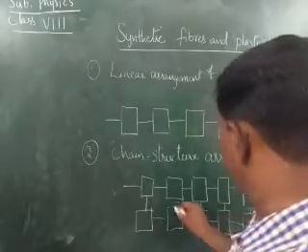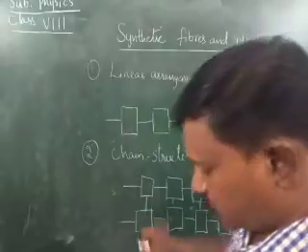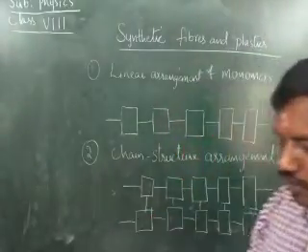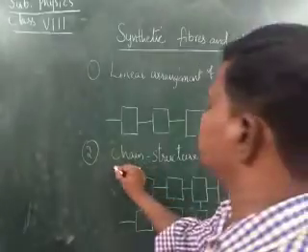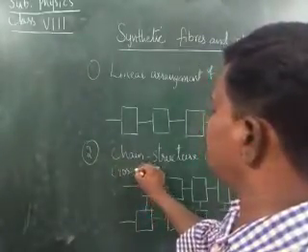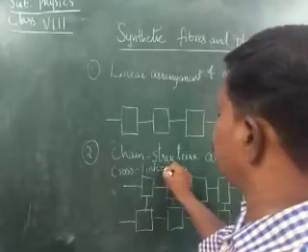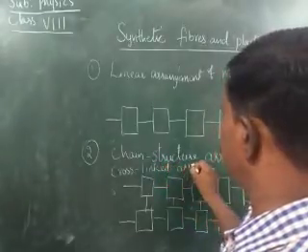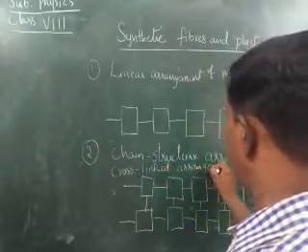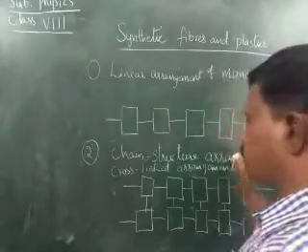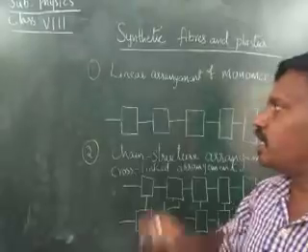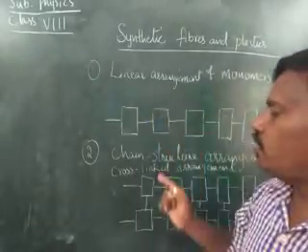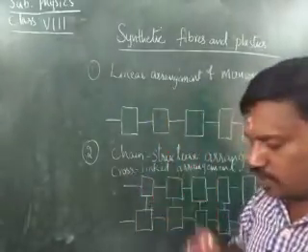These are chain-like structures, or we say the cross-linked arrangement. This is also called a cross-linked arrangement. Therefore, all the monomers in the plastic are arranged either in the linear arrangement or in the cross-linked structure.